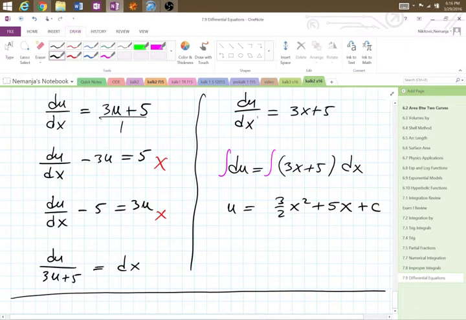Now we're going to take a look at directional fields, also known as slope fields. This is something that you're not used to because it's a new concept, and it uses the idea of slopes.